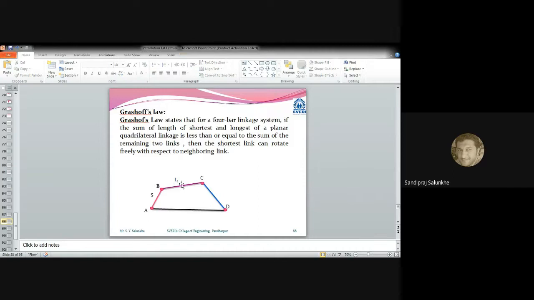L1. And likewise, this black link AD is having length equal to L2.